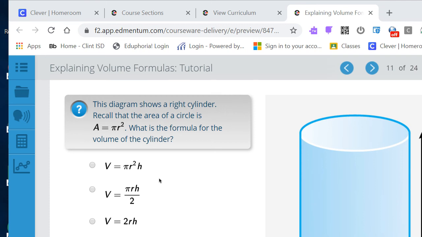And I'm going to multiply that times how tall the cylinder is. Okay, so what formula represents the volume of the cylinder? The only one that matches is this one right here. So not too bad.